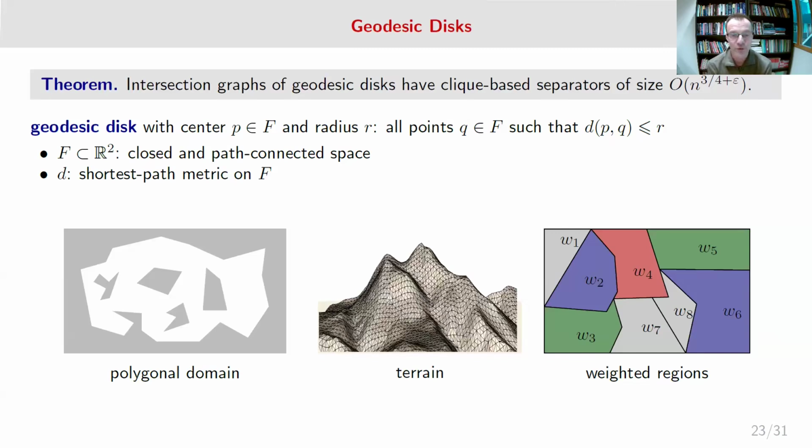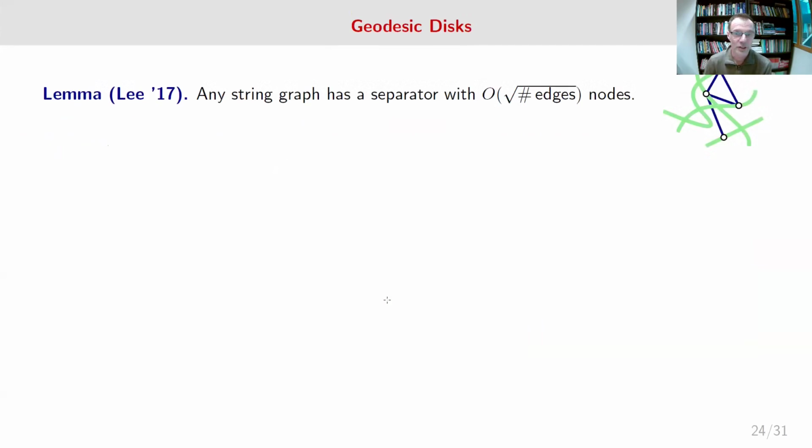For any of these things, there exists a clique-based separator of sublinear size, n to the 3/4 actually. The result uses a result on string graphs, namely that any string graph has a normal separator, of nodes, not cliques, where the number of nodes in your separator is the square root of the number of edges.